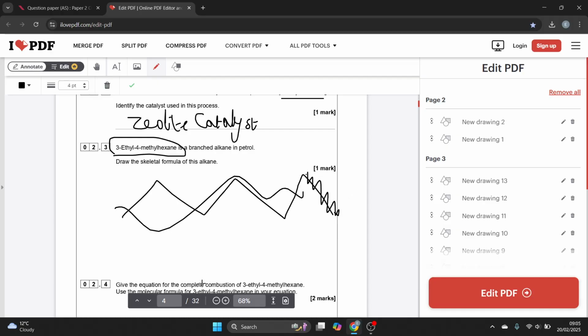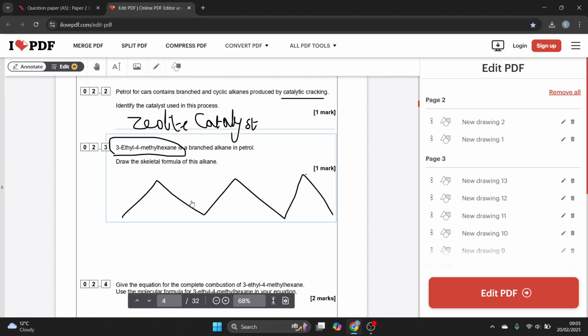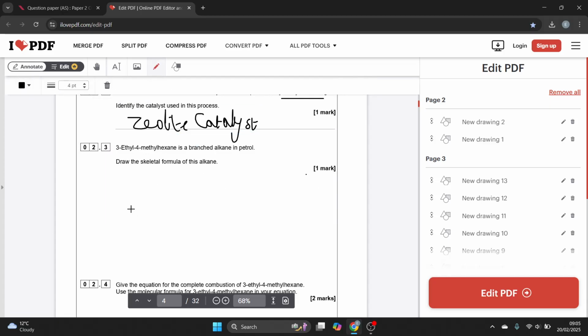Let me draw it again then. 1, 2, 3, 4, 5, 6. Perfect. 3-ethyl, so we've got 2 straight lines on the third carbon. 4-methyl, I've got 1 straight line on the fourth carbon. Perfect. That is 3-ethyl 4-methyl hexane in its skeletal formula.